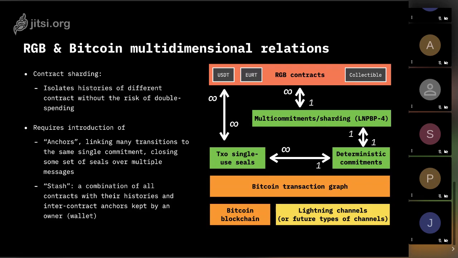So in terms of transfer, a single transfer is not enough. You can send a state transition to the other party, and it wouldn't prove anything to them. The other party needs a history, and to prove the history, it needs the related anchors. So when you do a transfer of an RGB asset, you basically take your stash and extract a partially revealed history from the stash.